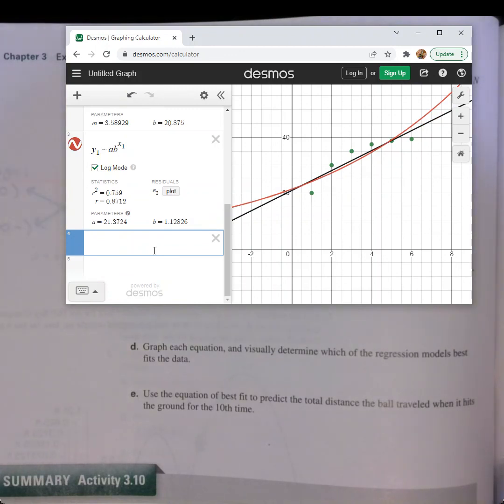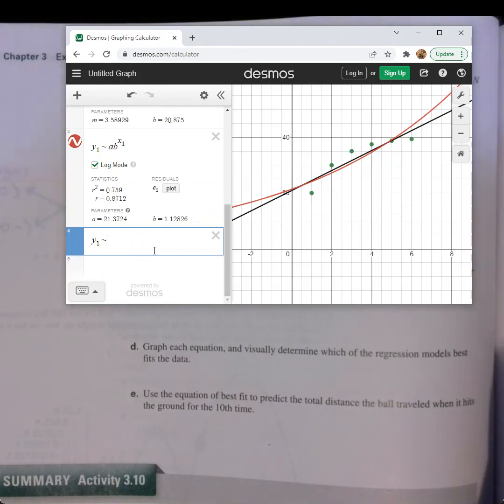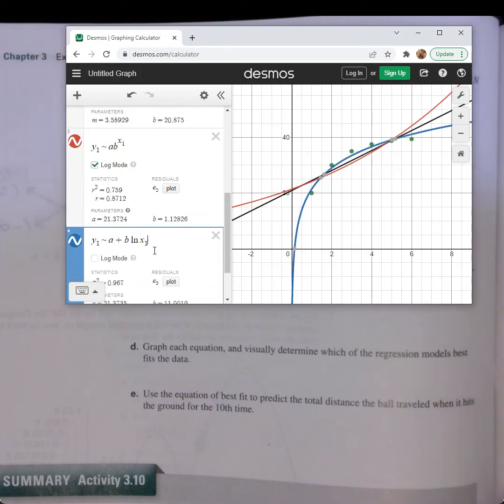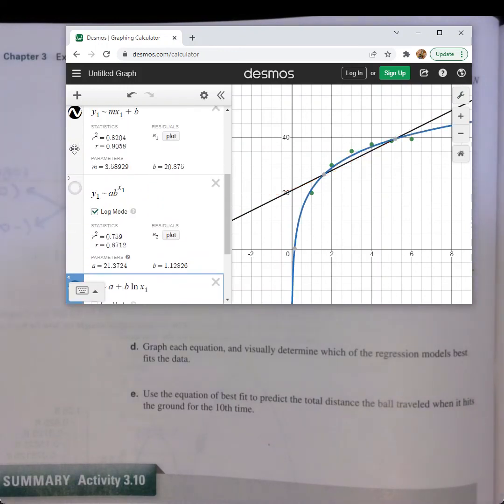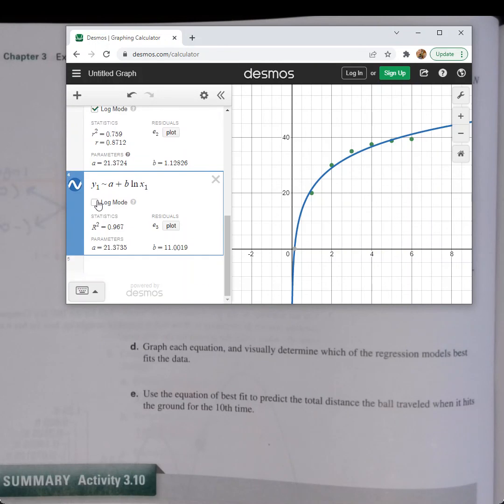And logarithmic, y1 approximately a plus b natural log of x1. Oh, okay, so let's turn those two off. Better. It fits the data better. Again, no model would have been perfect for this data set, but I do get to see that I'm increasing at a decreasing rate here. And again, checking my box doesn't do anything. Gives me an additional R value, but doesn't do anything to my parameters.